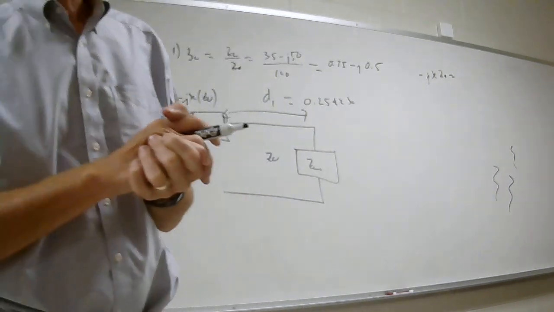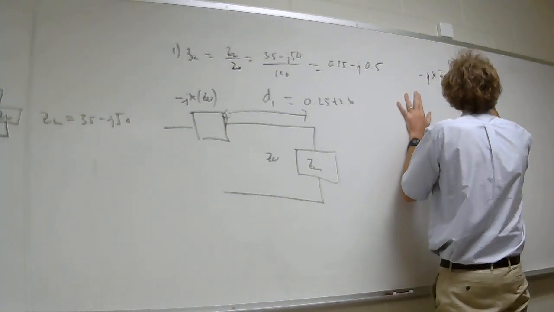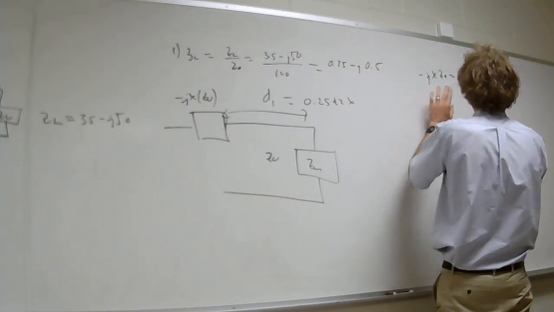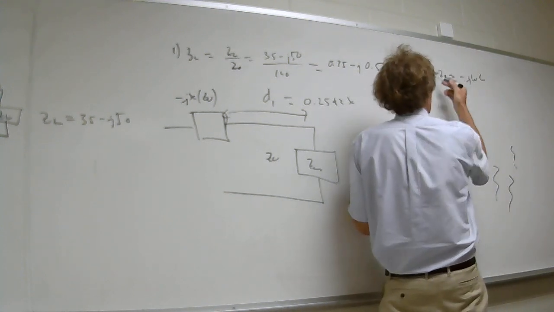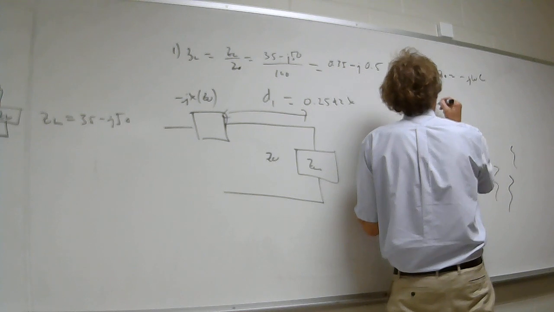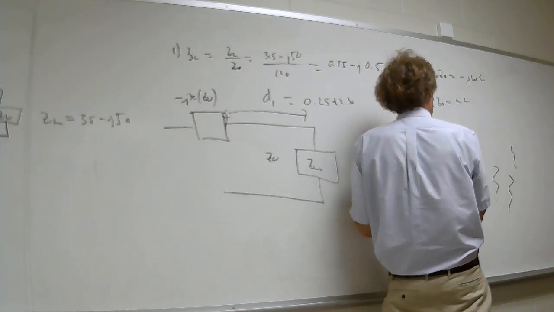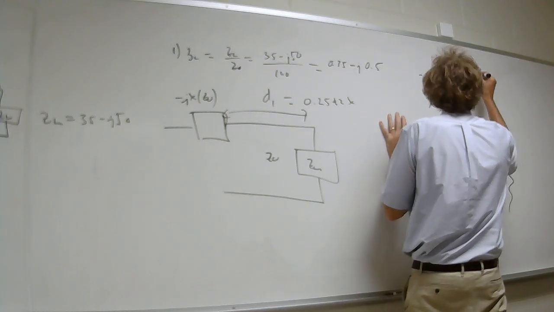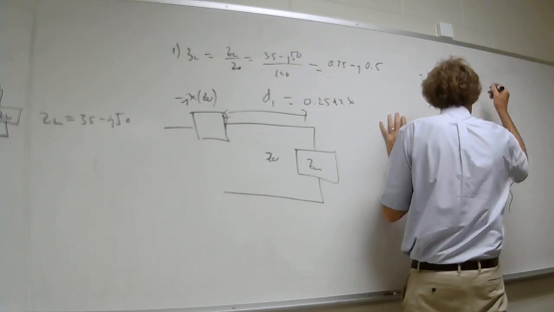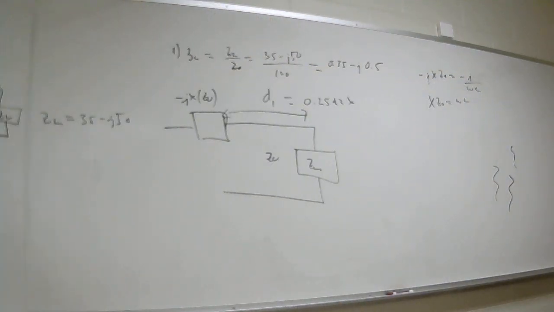Capacitor is minus j over omega C. I'm so sorry about that. A capacitor is 1 over j omega C is the impedance. My bad.